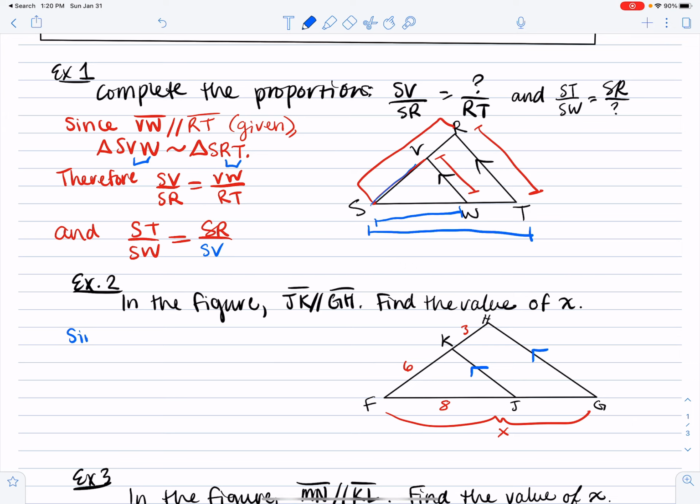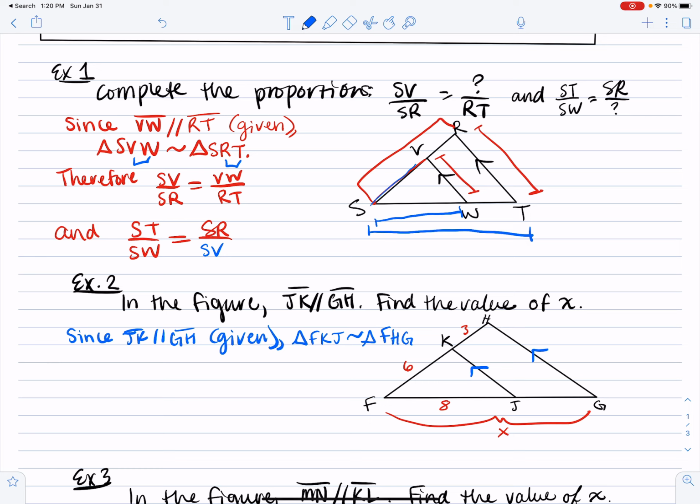So we're going to write, since JK is parallel to GH, which is given, that means that we have to figure out which two triangles are similar to each other. Let's start with the smaller triangle, FKJ, is similar to the bigger triangle FHG.